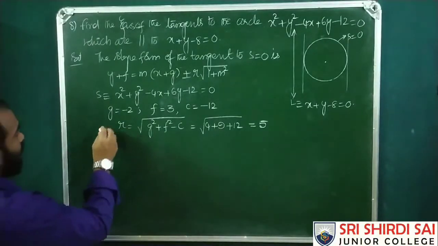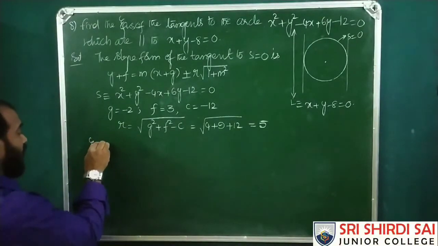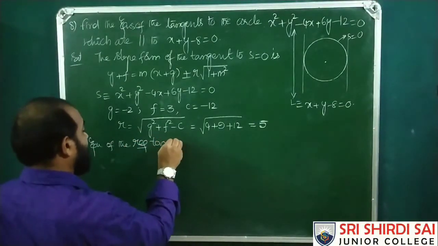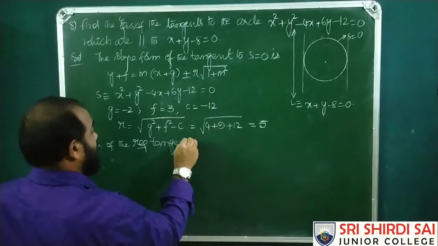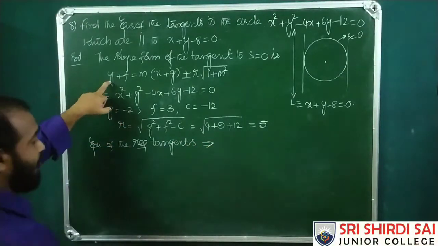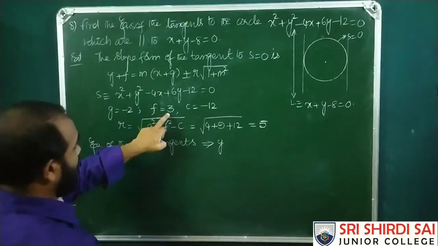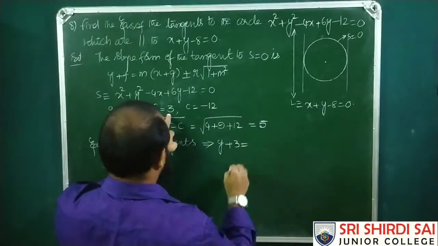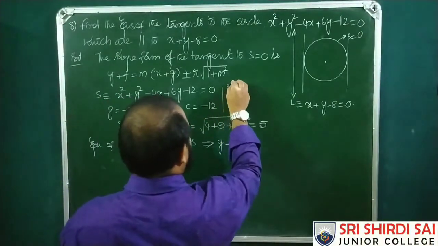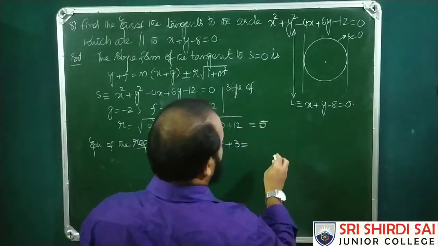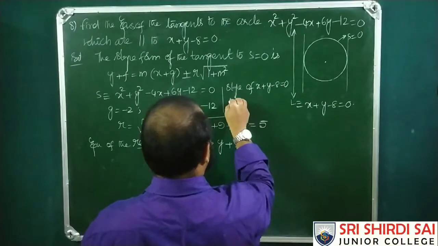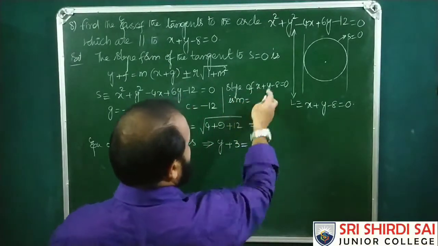And so the equation of the required tangents are y + f, that is y + 3, is equal to, here the slope is the slope of x + y − 8 = 0.